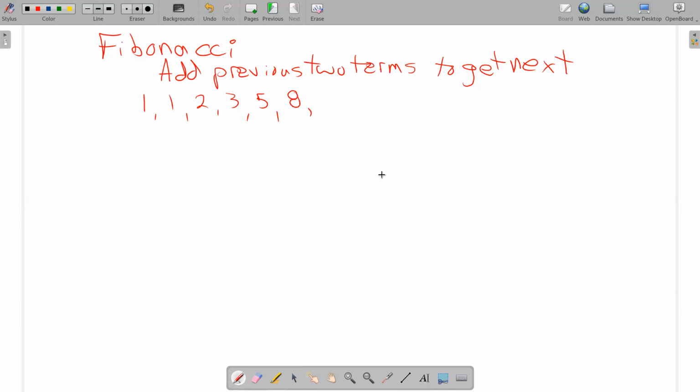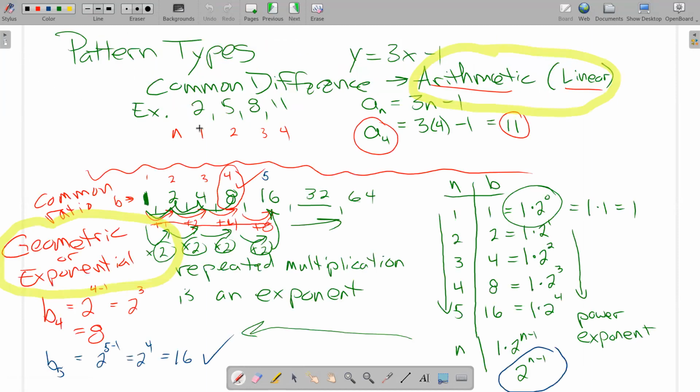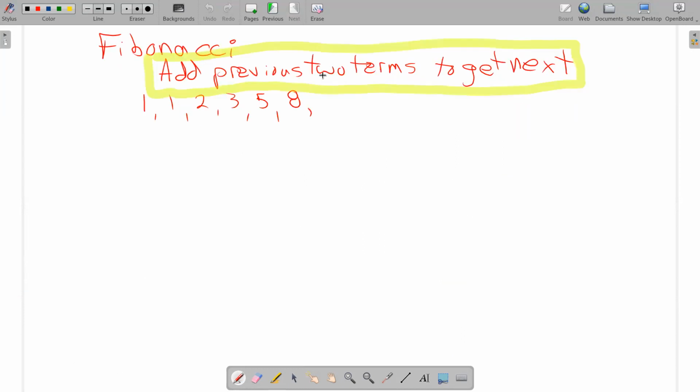I can write an equation, so I can take this statement right here and I can put it in mathematical terms. And I'll do it in the following way. So I'm going to use that subscript notation that I used over here. So let's call this sequence F for Fibonacci. So if somebody says, hey, what is F3?